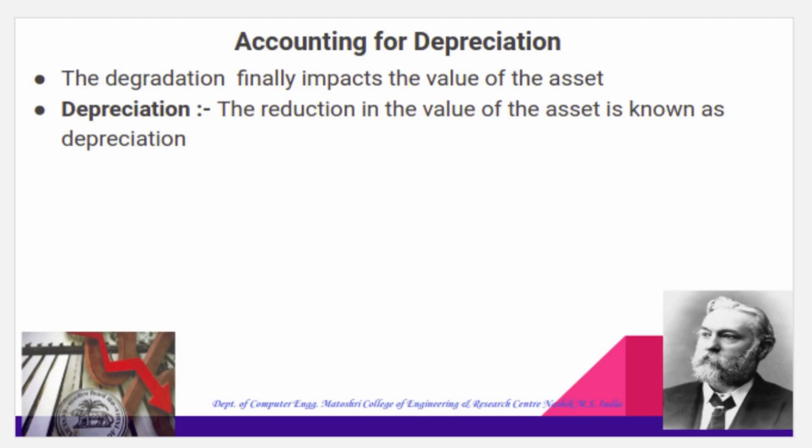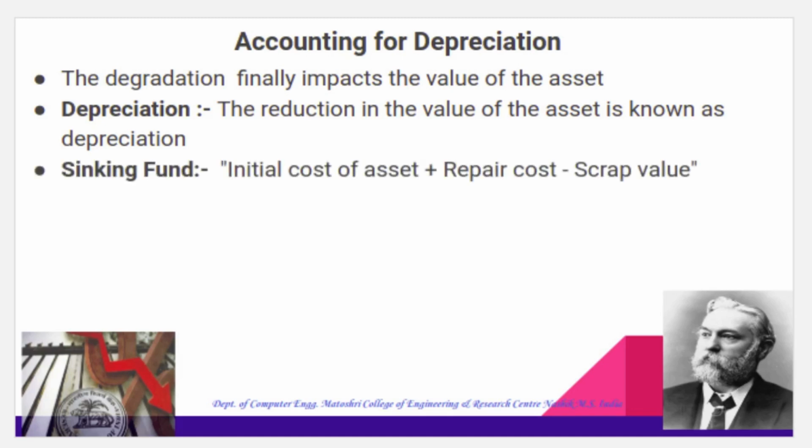To raise the depreciation or the sinking fund to enable it to replace the asset with a new one. The sinking fund is calculated using a simple formula: initial cost of asset plus repairing cost, from which the scrap value is subtracted.